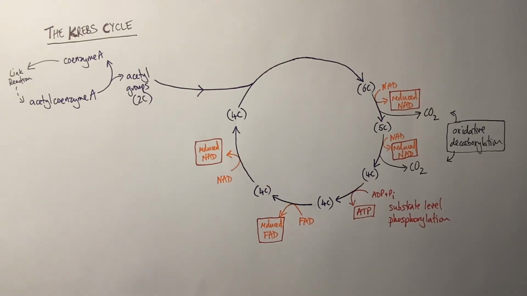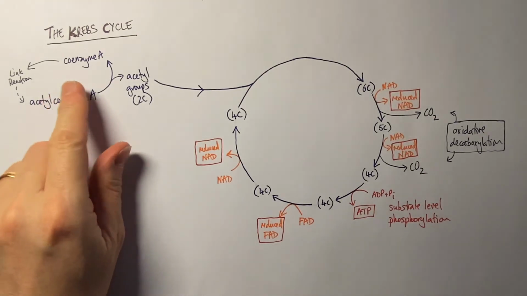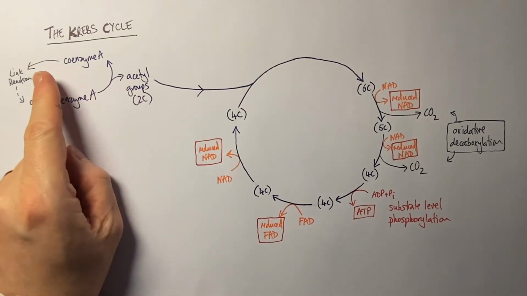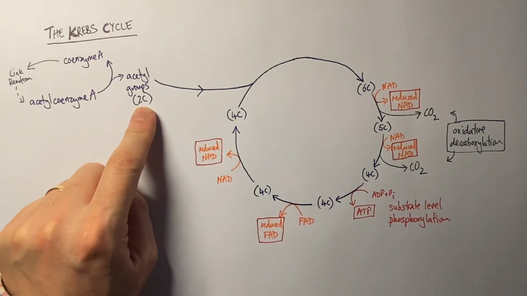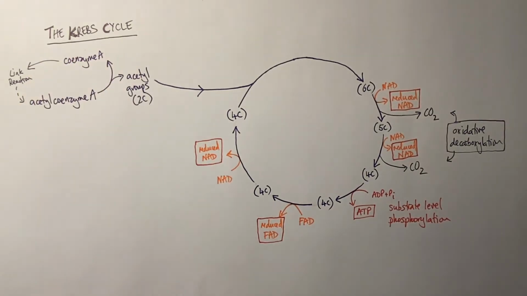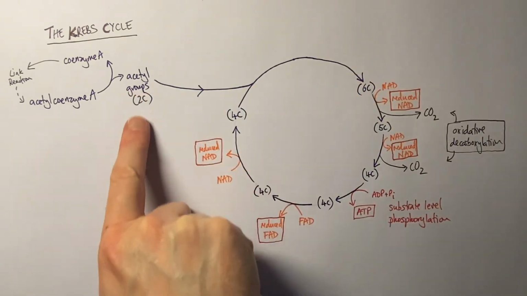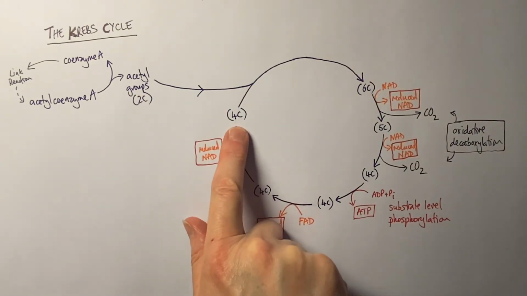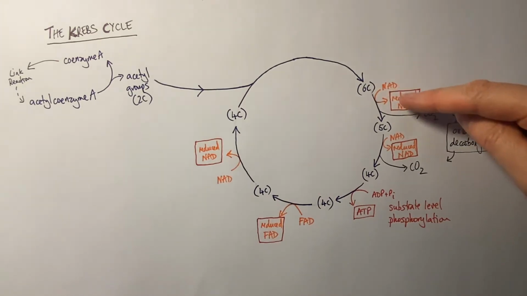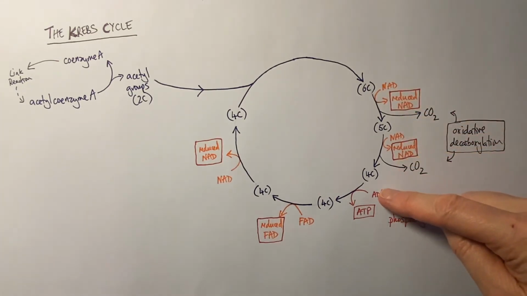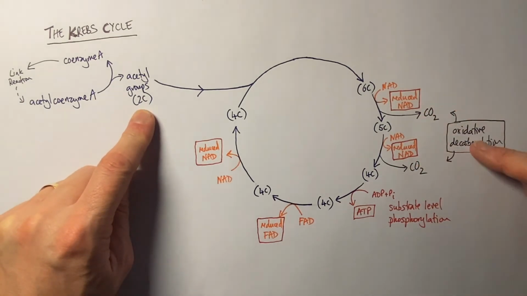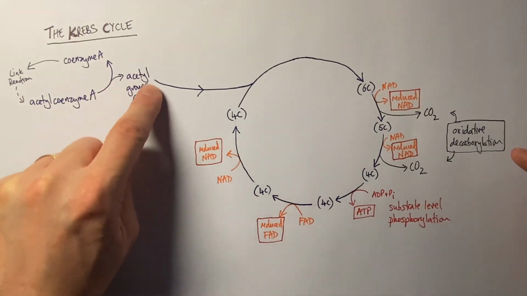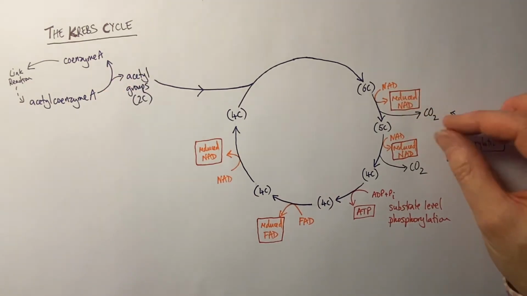Now let's just have a quick overview of what is happening. Acetyl groups come in from the link reaction. These acetyl groups are made of 2 carbon atoms, some hydrogen and some oxygen, but you don't need to know the detail of that. What happens then is that those acetyl groups are attached to a 4-carbon compound, and then that slowly goes through a series of reactions where the 2 carbons that came in are lost, and the hydrogen that's in the acetyl groups are slowly removed.